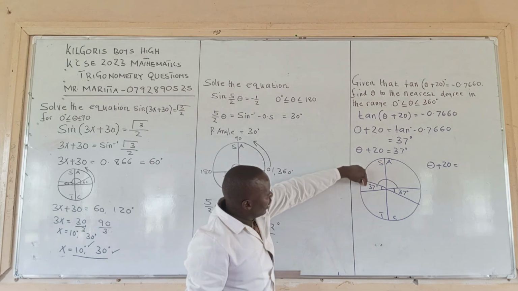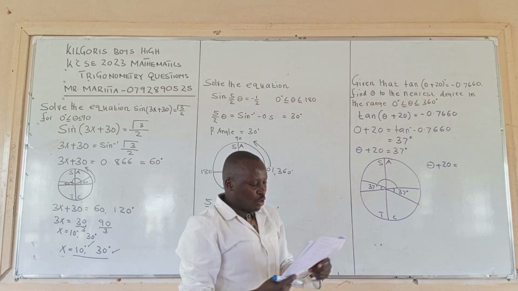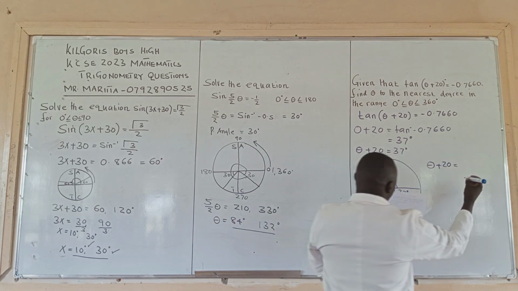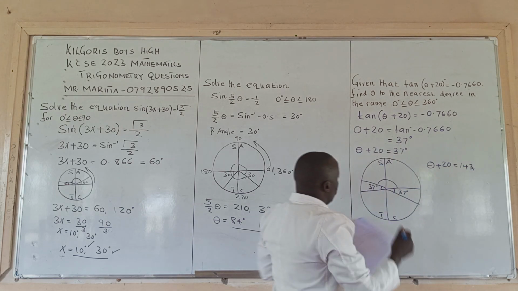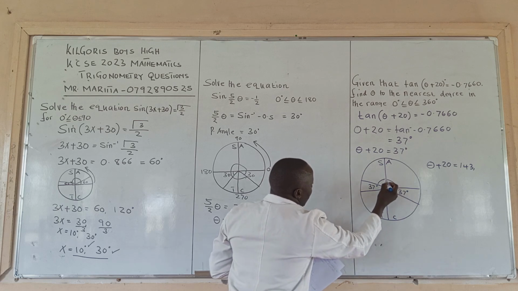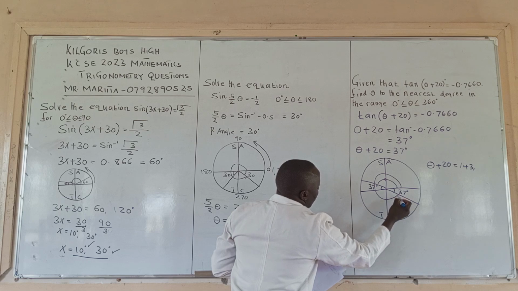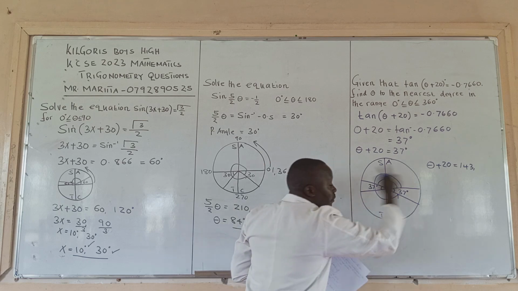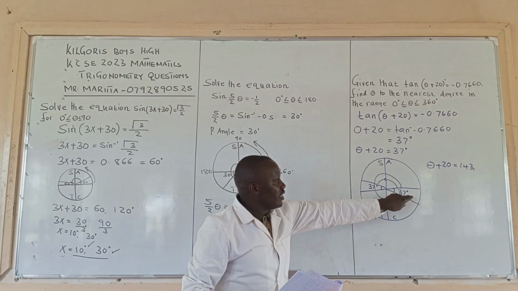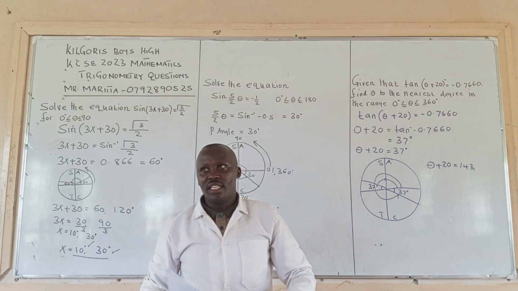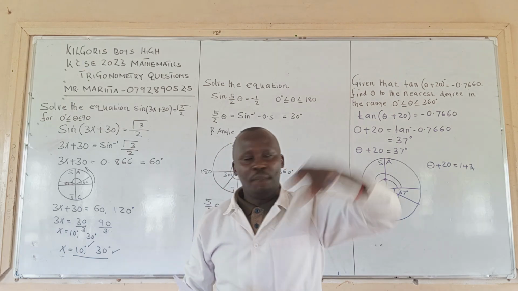So if you have 180 minus 37, our first angle here will be 143. So we have 143. If we move again from here up to the fourth quadrant, we are moving a complete circle. So if we are moving a complete circle and we have that 70 degrees here, you will take 360 degrees, which is a complete circle.